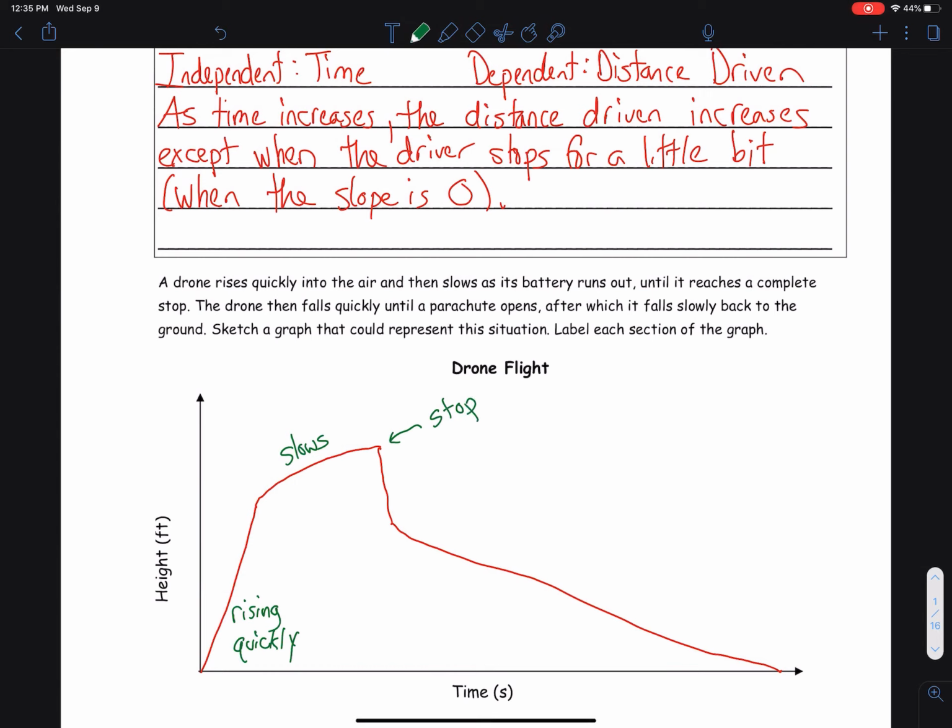And after that, it starts to fall quickly, so it falls quickly. And right when it starts falling slowly back down, right here, that's when the parachute opens. So parachute opens here. So the drone can now fall slowly to the ground.